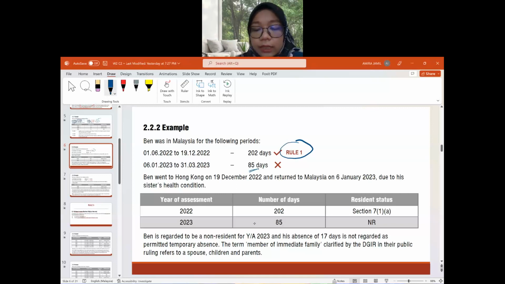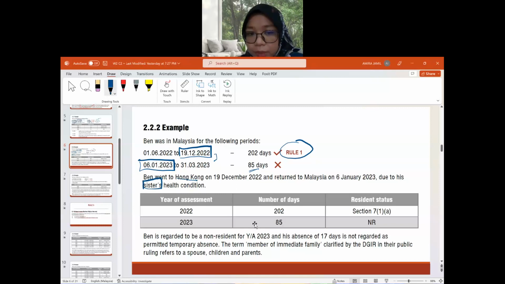And he went to Hong Kong from 19 December and returned to Malaysia on 6th January. Okay, how many days was he absent? He went to Hong Kong due to his sister's health condition.